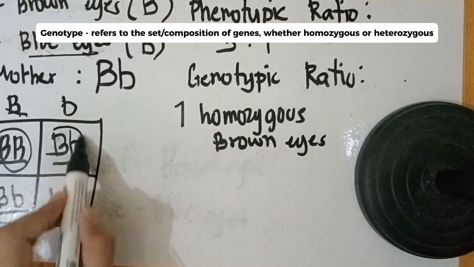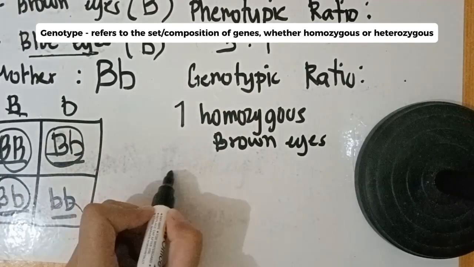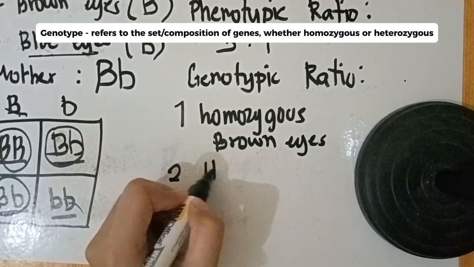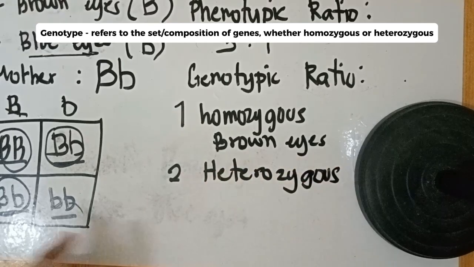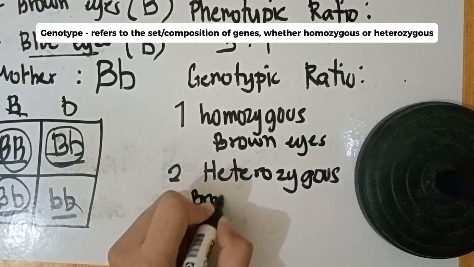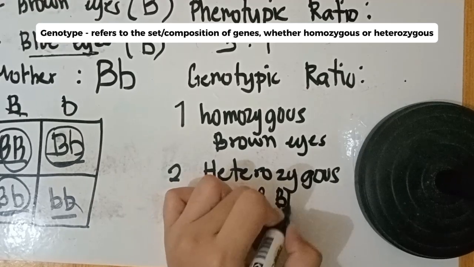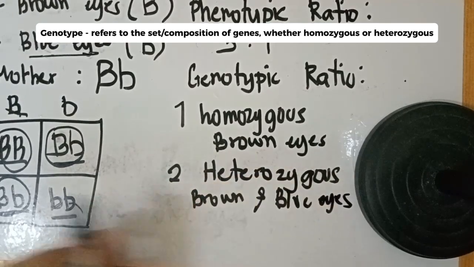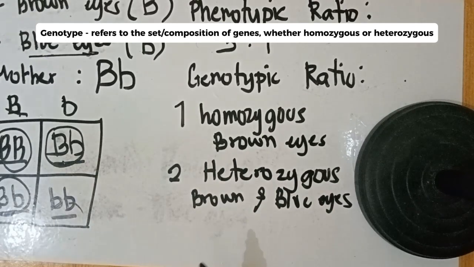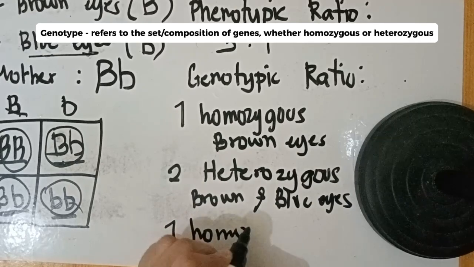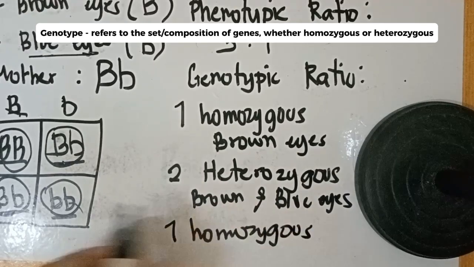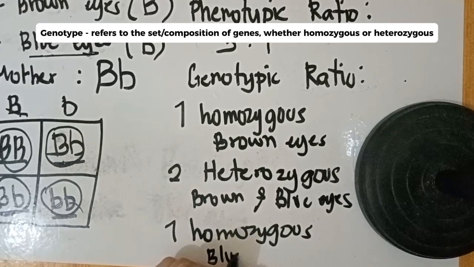Next, we have two heterozygous, brown eyes and blue eyes, because they contain different types of genes. Last, we have one homozygous blue eyes.